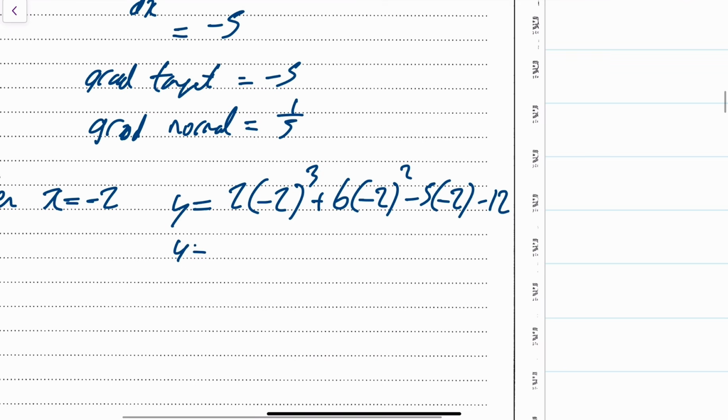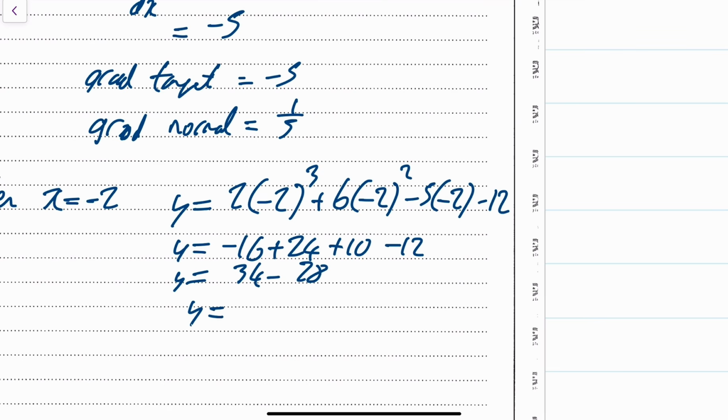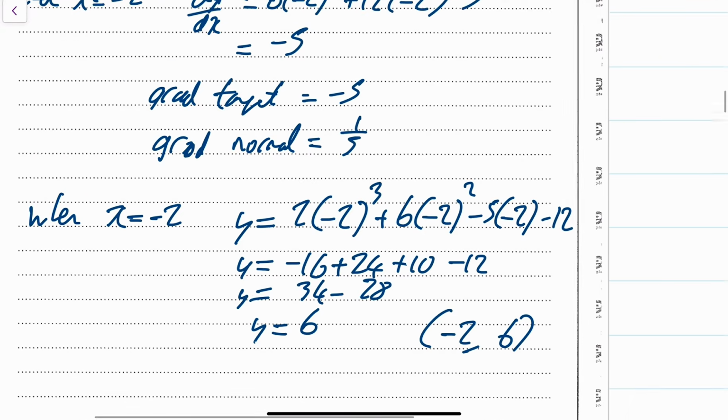That is going to be minus 16 plus 24 plus 10 minus 12. Use a calculator for this. That's 34 minus 28, so y is equal to 6. It is indeed. So you've got the point (-2, 6).